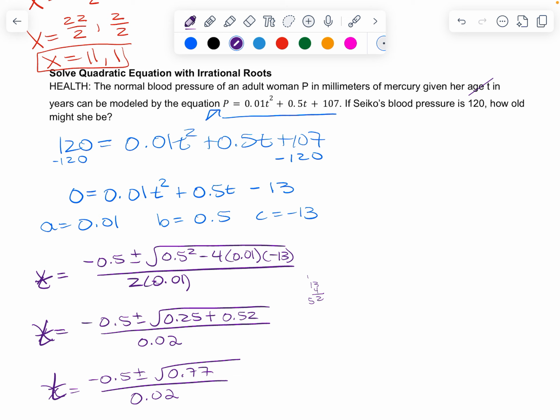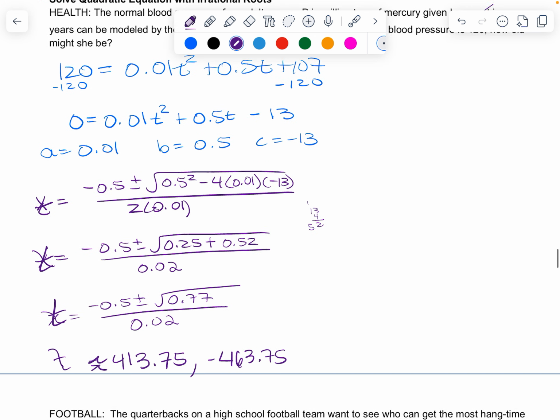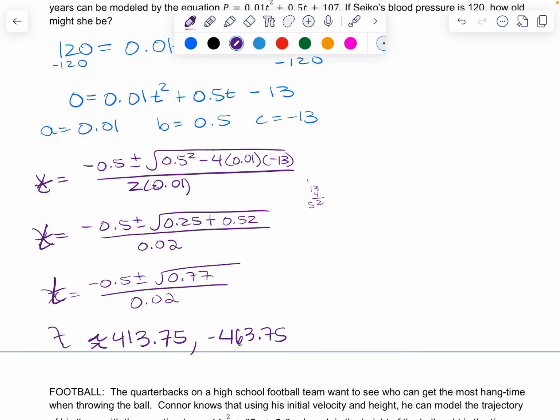0.5 times 0.5, that's right. And then we have 4 times 13 times 0.01. Nope, that's right. 0.25 plus 0.52, I did that right.